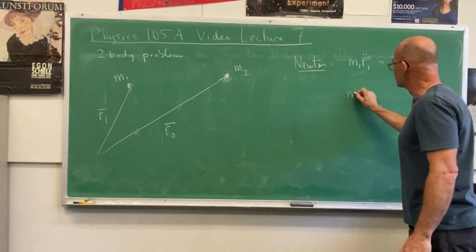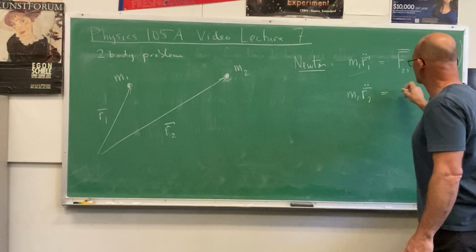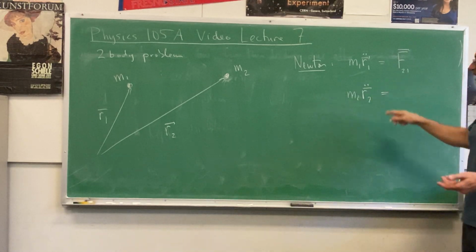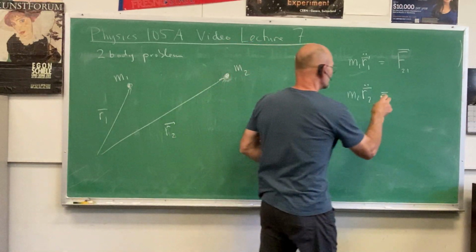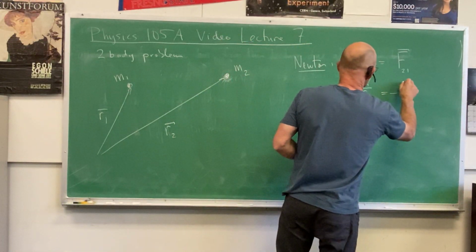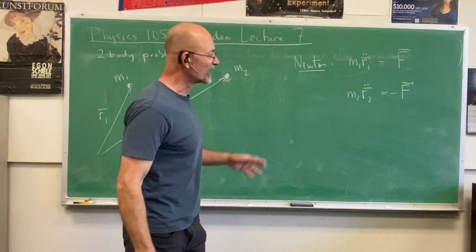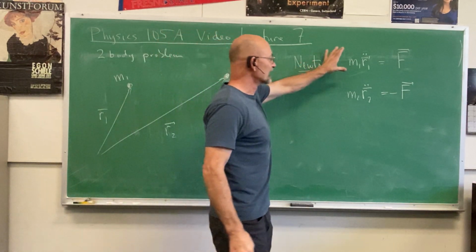And we would have M sub 2 R sub 2 second derivative is equal to the force that 1 exerts on 2. But by Newton's 3rd law, they're equal and opposite, so minus F. And I'm just going to erase these subscripts. You've got them in your notes. Newton's 2nd law gives this form.